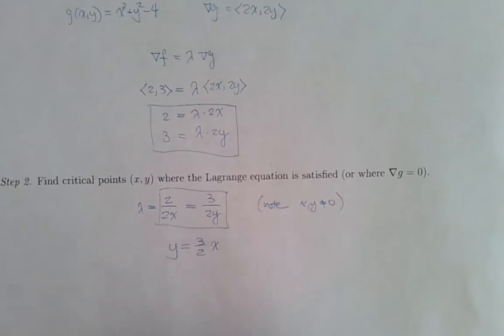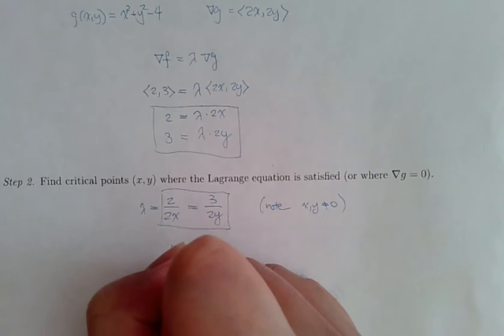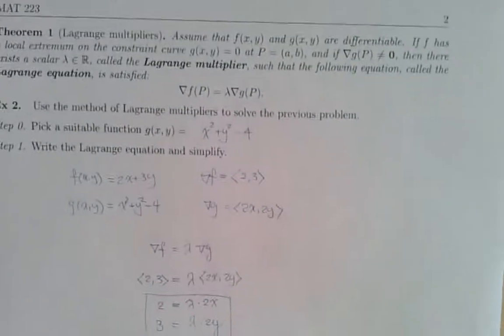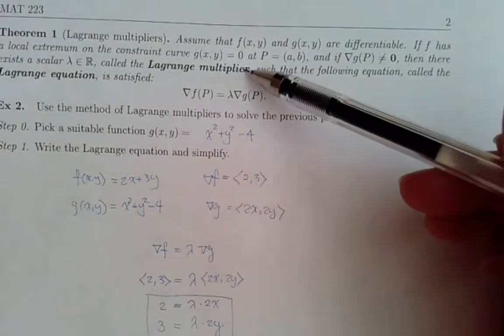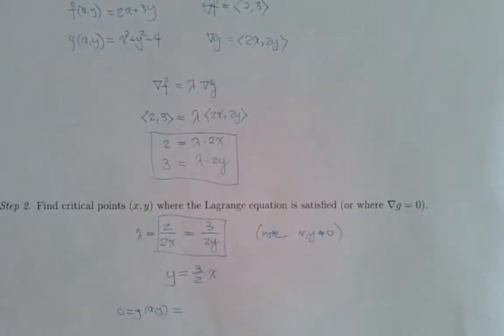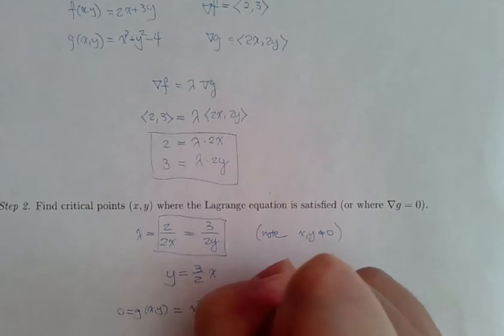Then we know that g is equal to 0. This is given to us. When g is equal to 0 and y is equal to 3/2 x, well, let me first write out: this is x squared plus y squared minus 4.